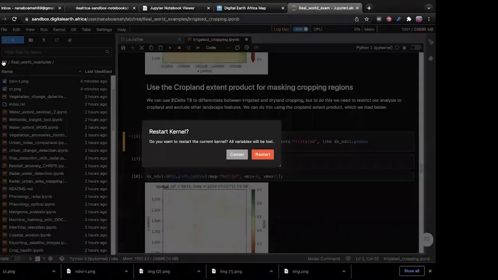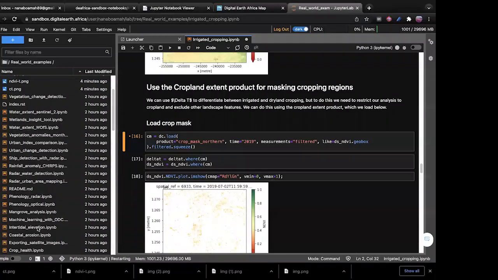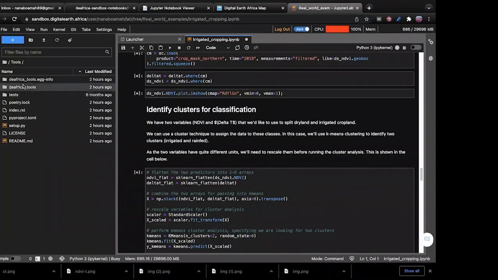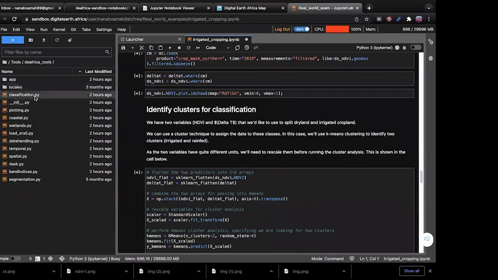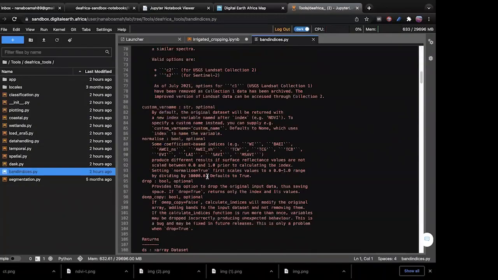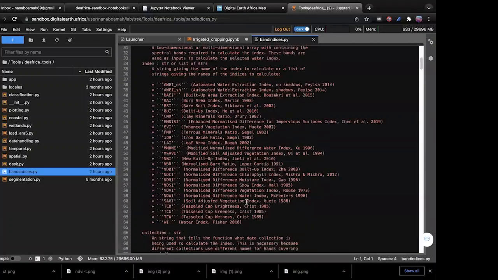While we are executing it, I want to check an index to see whether it's available, so that it will make our work much easier. The SAVI, right?